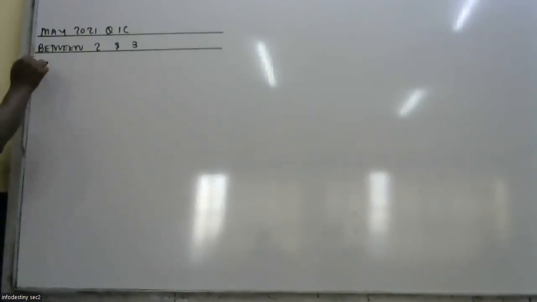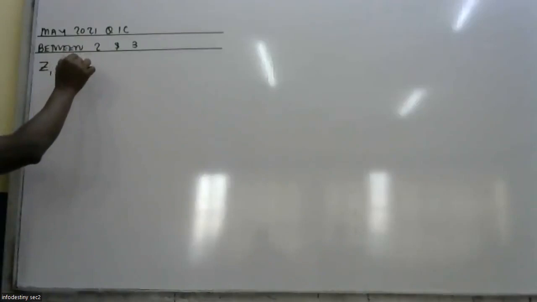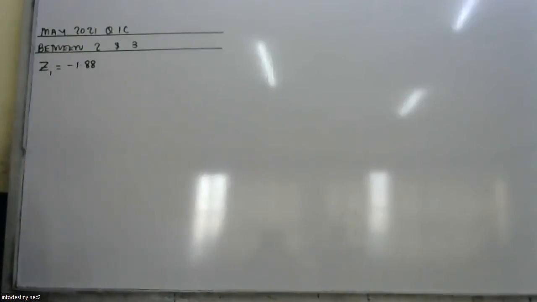What did you get as the value Z1? Negative 1.88. The values of Z are given to two decimals. But if you work with 7, still okay. Don't change. But next time give to two decimals.